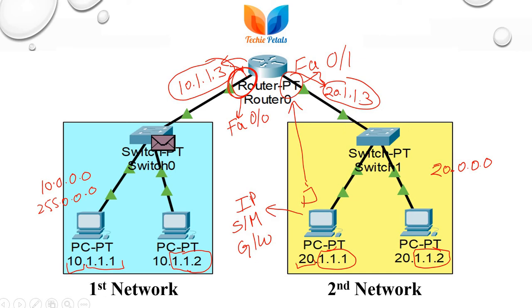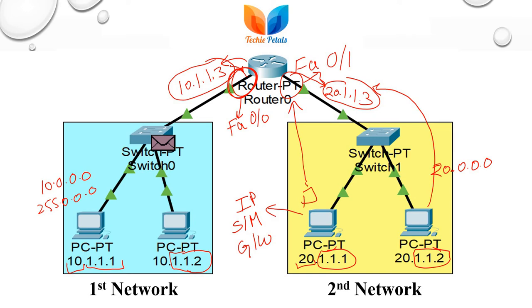So we need to keep a separate gateway address for every network. Same way this system will communicate through this gateway only. These systems are unknown to the outside world, they are only known via this gateway address. Similarly for these systems also we need to provide IP address, subnet mask and the gateway as 10.1.3. I hope you understand the basics.